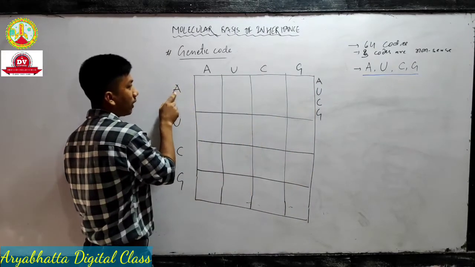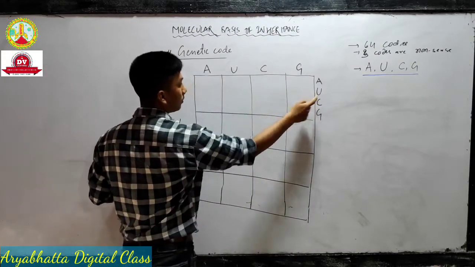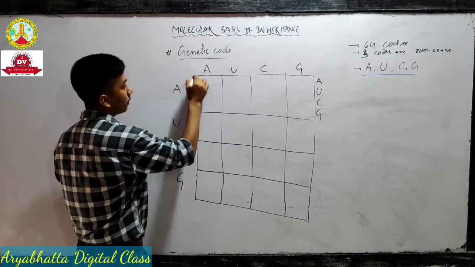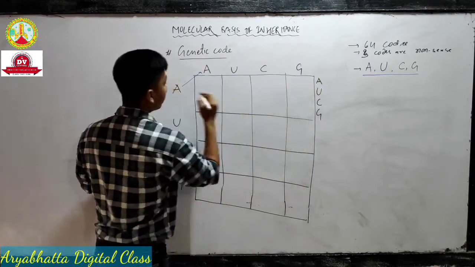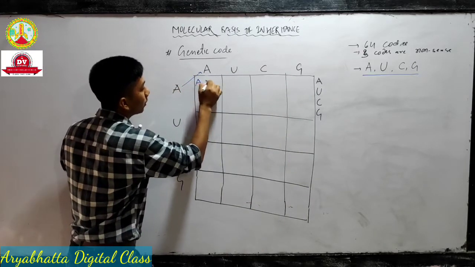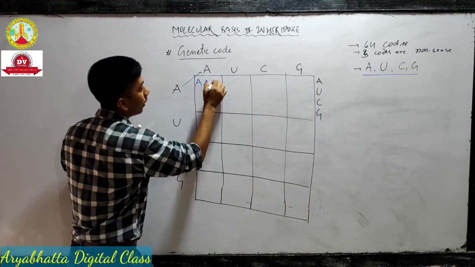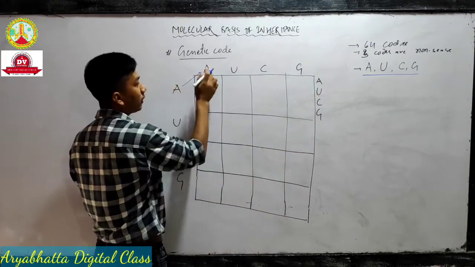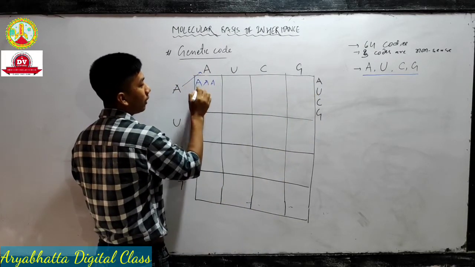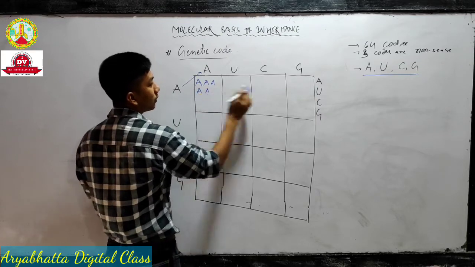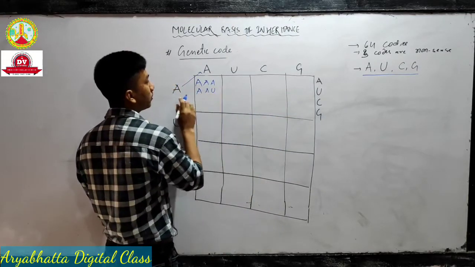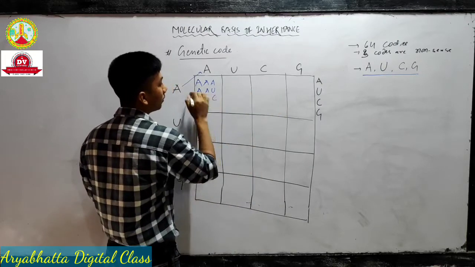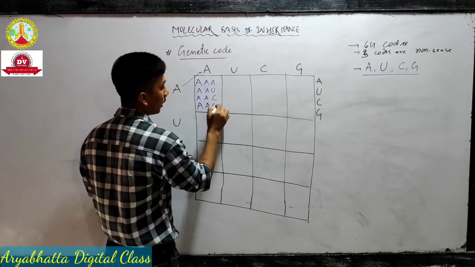Then you make the next, A, U. Then A, U again, then A, C, and again A. You will understand.